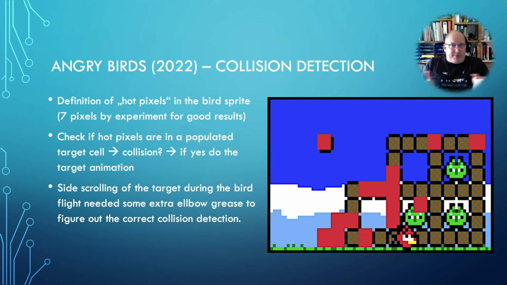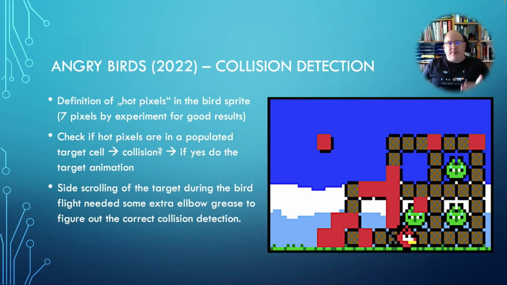We did this by experiment, and we found out that 7 pixels, which are scattered among the edges of the bird, yield good results. So how is collision detection working? For each time step, we check if one of the hot pixels is in a populated cell. If so, we assume there's a collision. And if we have a collision, we do the target animation where the bricks and the pigs implode.